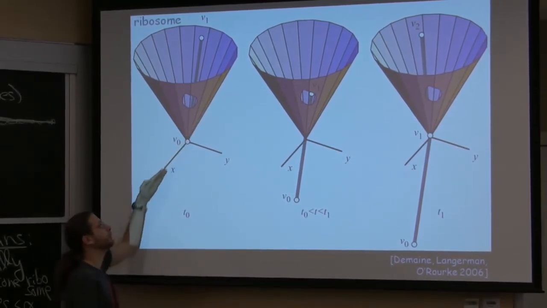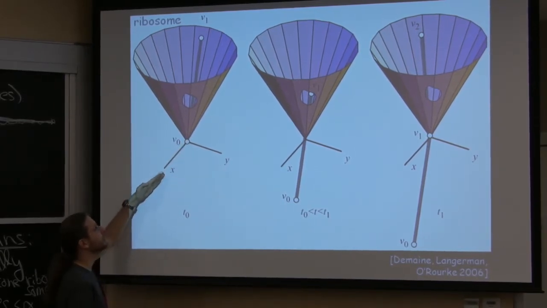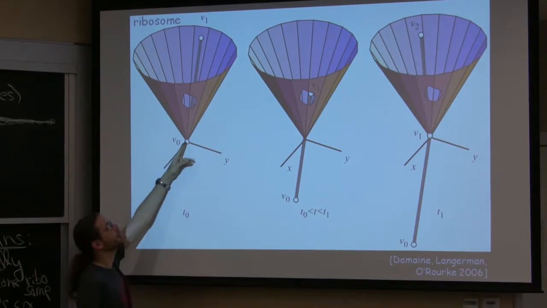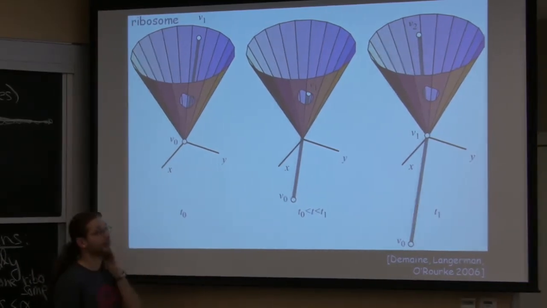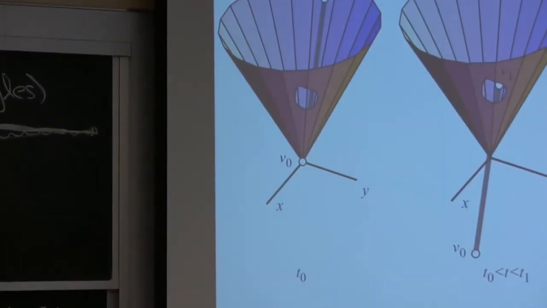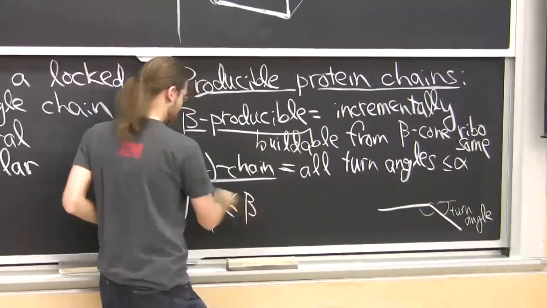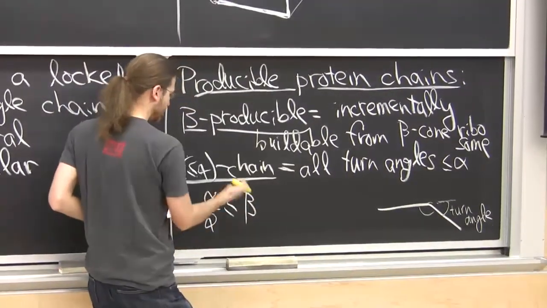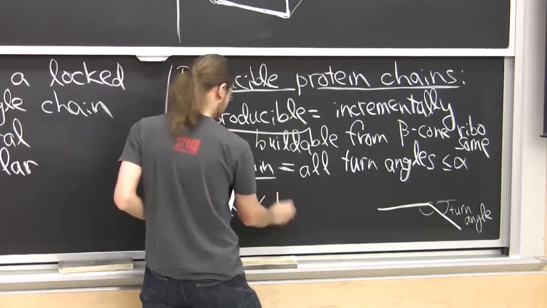That was the previous picture. And as soon as you get there, you could create a new edge, which is like this. So the sharpest angle you can get is actually twice beta. In general, we're going to have alpha over 2 is less than or equal to beta. That is, you can get up to alpha equals 2 beta. Get that right?